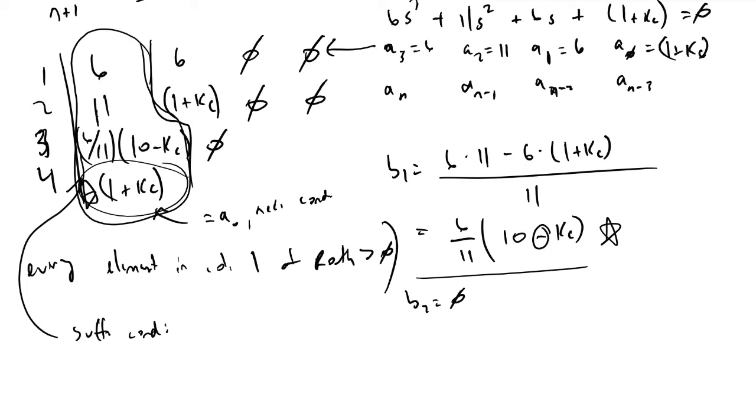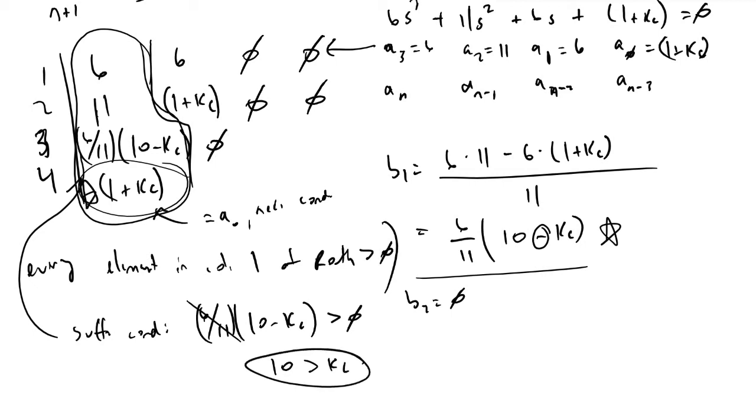The sufficient condition tells us that 6/11 times 10 minus kc must be positive. And so if we multiply both sides by 11/6, this cancels, and we will recognize that 10 must be greater than kc. And so this is the key takeaway, because now we have determined that -1 must be less than kc, must be less than 10.